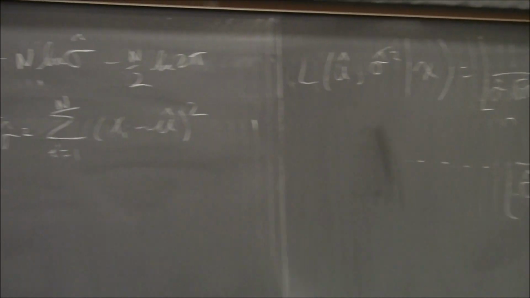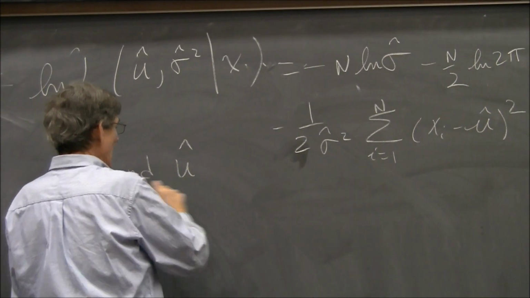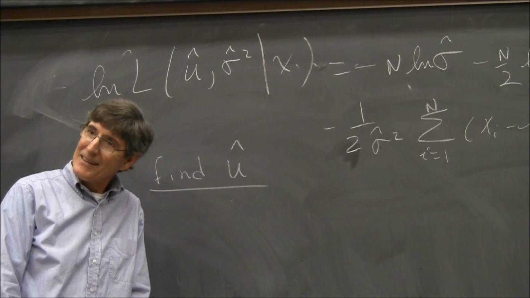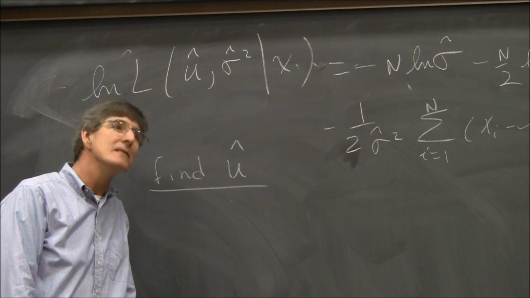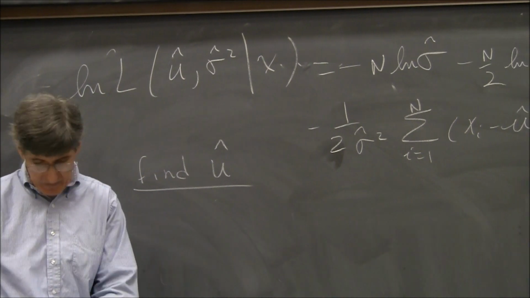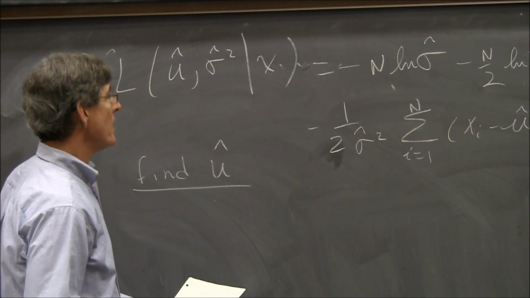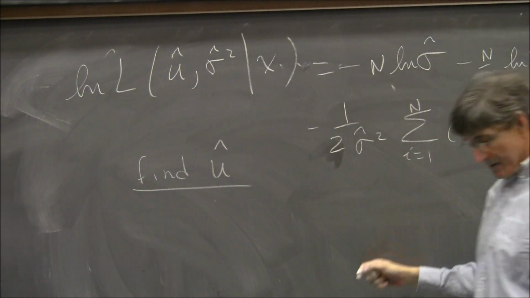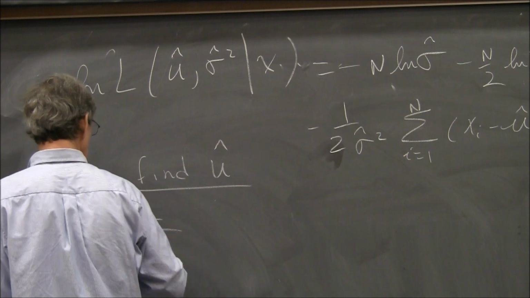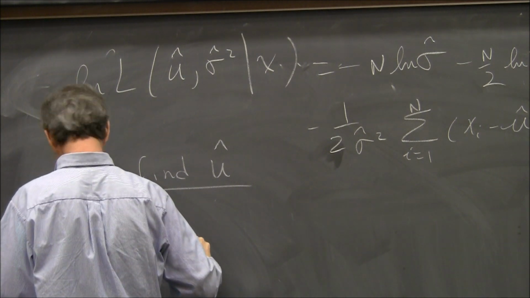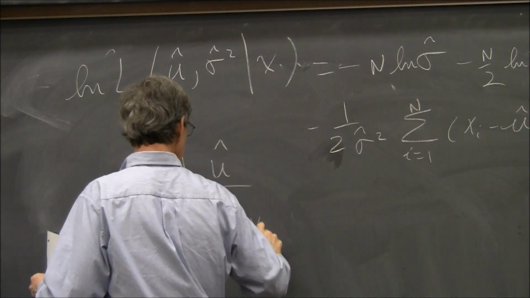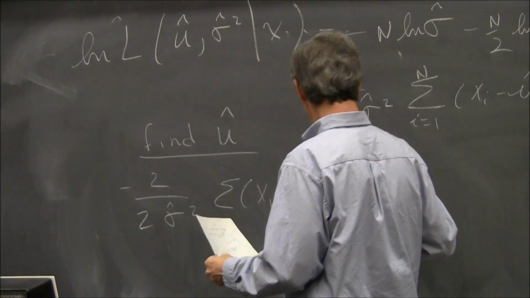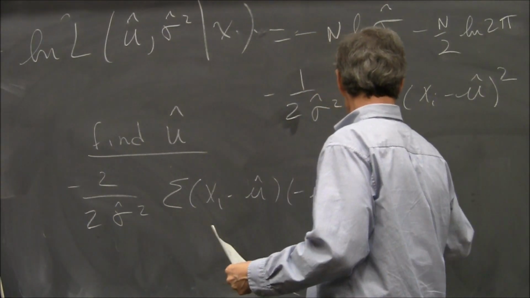So let's find mu hat. So what do I have to do? Take the derivative with respect to mu hat and set it equal to 0. So for mu hat, the first order condition, the only place that mu hat is in is this term. So it's minus 2 over 2 sigma hat squared times the sum of the xi minus mu hat times minus mu hat, and that equals 0.